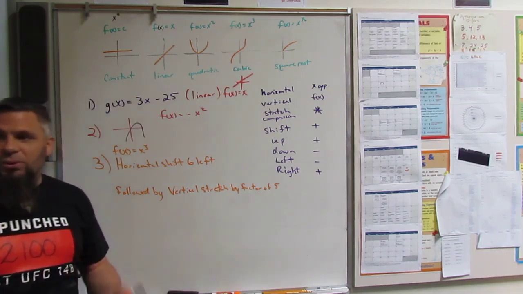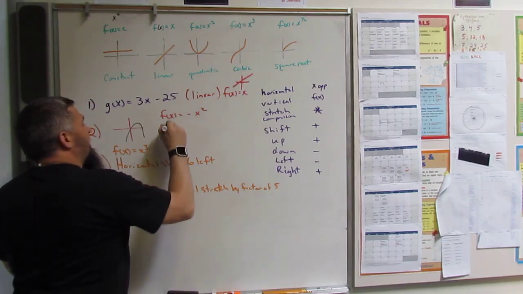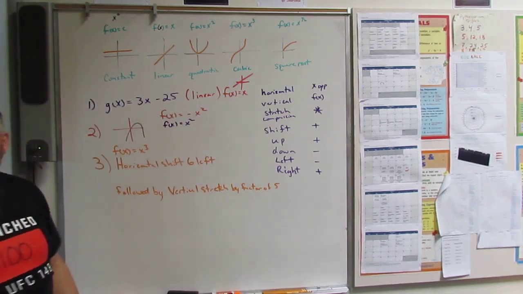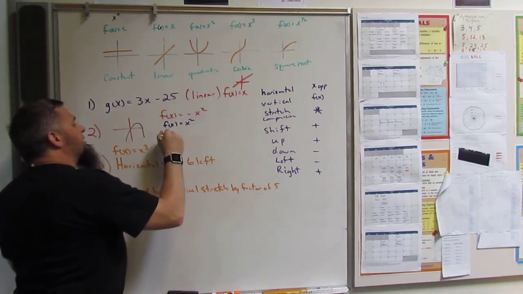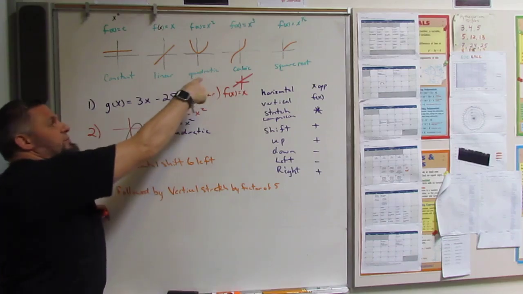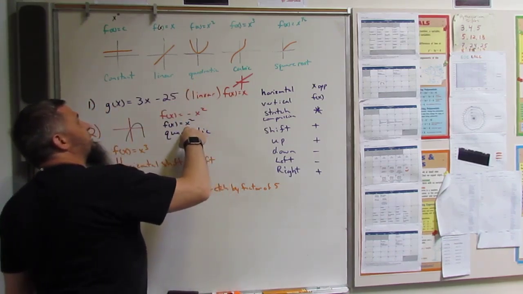So I'm cool with x squared. If you said f of x equals x squared, I'm okay with that. The other thing you need to tell me is that it's a quadratic. Because that's what it is. And f of x equals x squared.